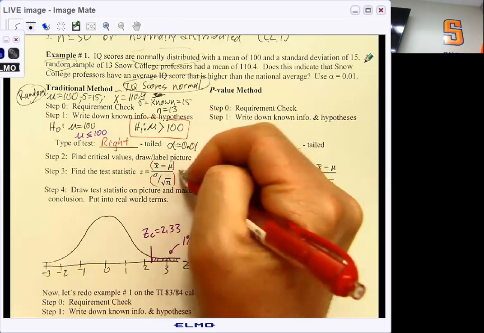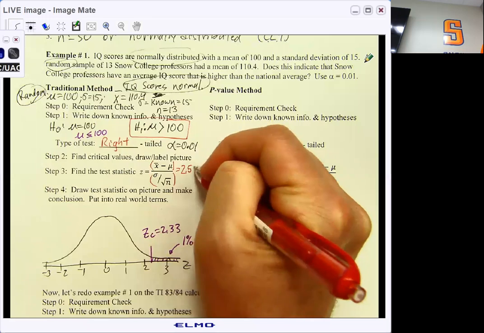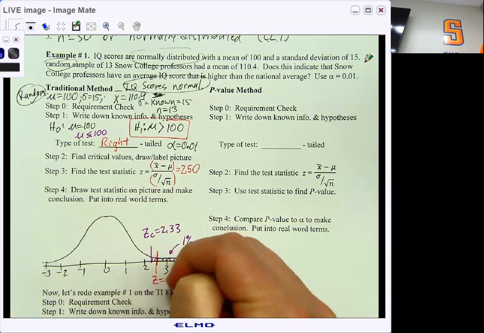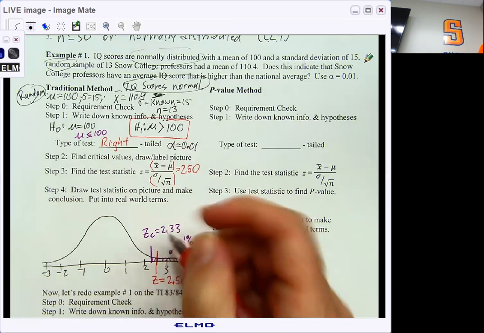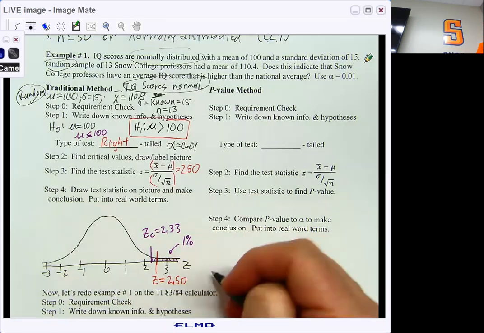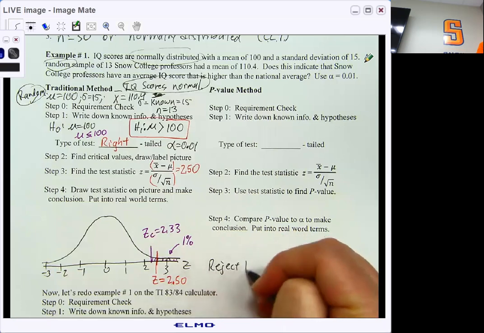So our test statistic of 2.50, if we graph that, landed in the critical region. Therefore, since we landed in the critical region, we will, like we said, reject H0.